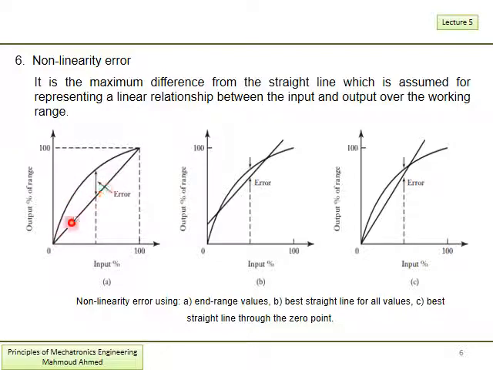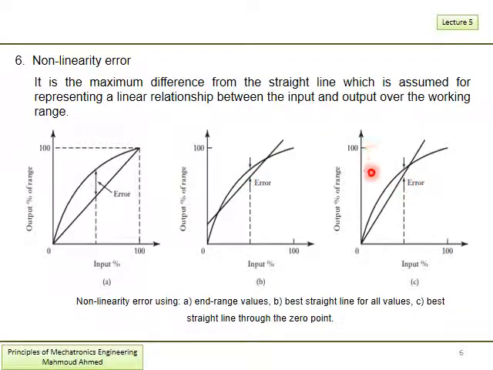So we got this straight line, and the error in this case is the maximum difference between the nonlinear function and this straight line. In the same way, this is the second method of linearization. By this method, we simply choose the best straight line for all the values, and the maximum difference in between is the non-linearity error.